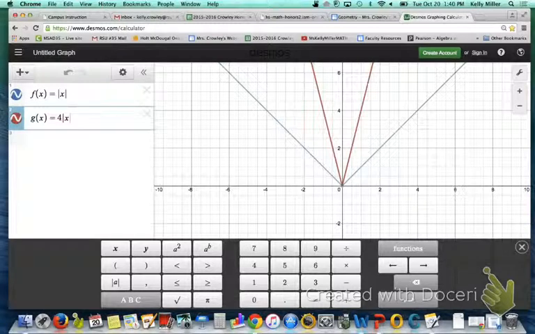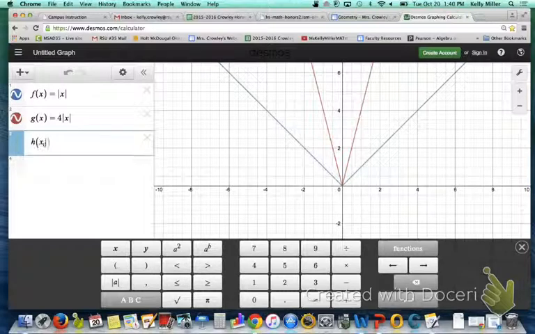Think about it like stretching your arms up to the sky vertically. Compression, if you want to compress something down vertically, you're pushing it down. So let's make a third function, h of x, equal to 1/3.